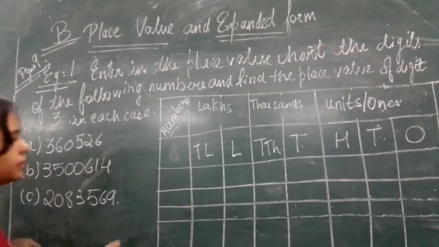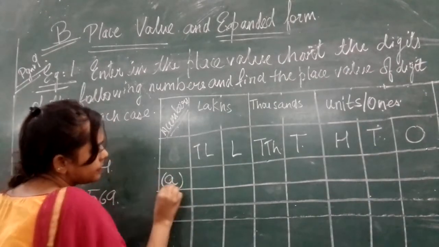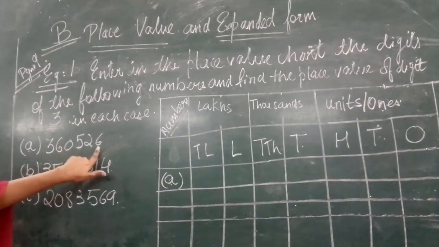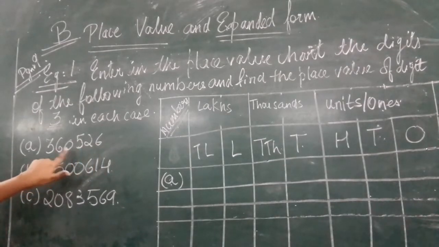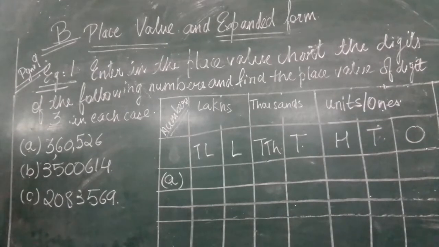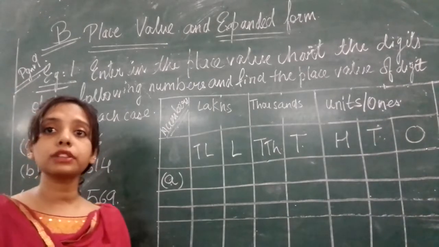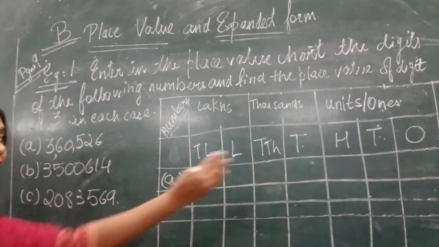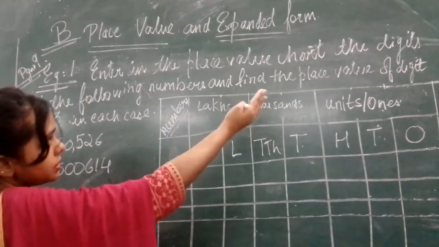Now question number 8. Okay, what will you do? You will start straight up putting the place values. So the first number is this, 5, 6. Okay, how will you read this? Put commas. So 3,60,526. Again, you will start placing the numbers in the place value from the left.